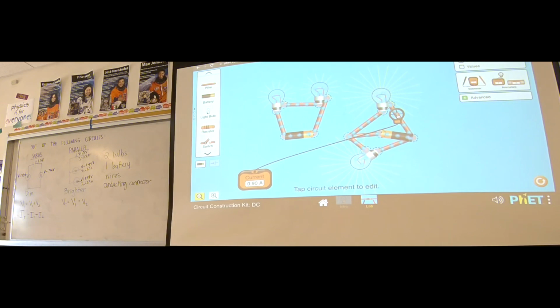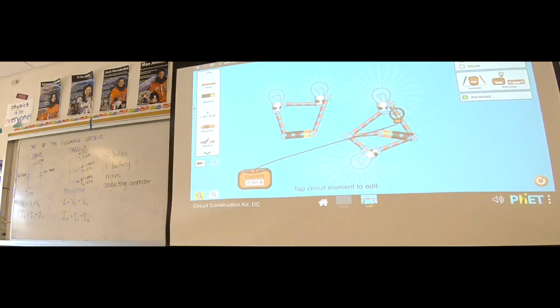What's my pattern with a current when I have a parallel circuit? It's half. It splits. So my total current this time is equal to the sum of the current in each branch, in each part of the circuit that it splits up into.